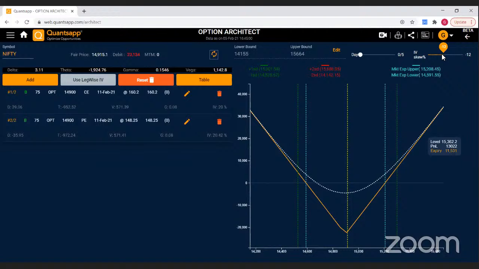It can take a negative profit and loss to positive and positive to negative, depending on the strategies you are taking and the movement that comes up.